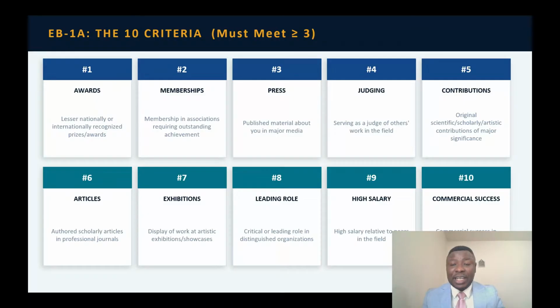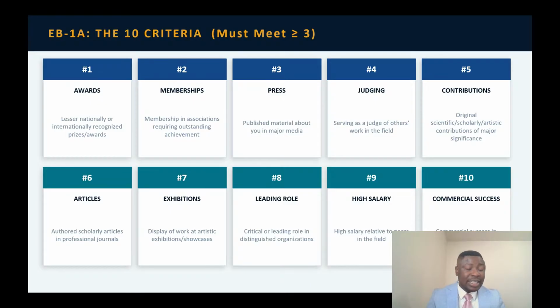Now, the fifth criterion is original scientific, scholarly, artistic contributions of major significance in your field. If you've had original scientific, scholarly, artistic contributions of major significance in your field, then you could claim this criterion.